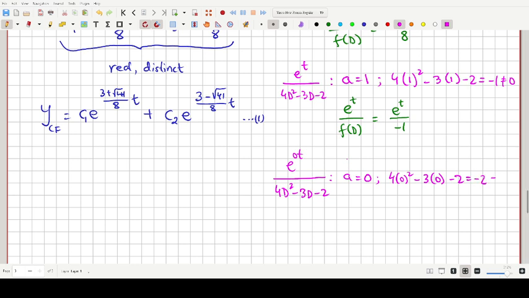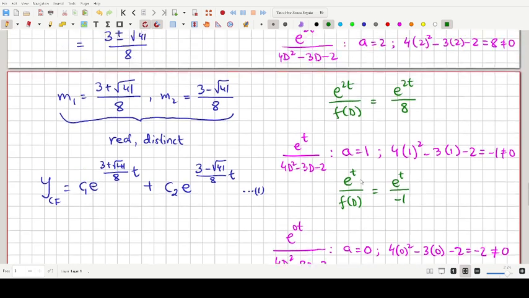So it is negative 2, which is not equal to 0. That tells us that e^(0t) divided by f(D) is equal to e^(0t) divided by negative 2. Okay, so now we are nearly done with this particular problem.